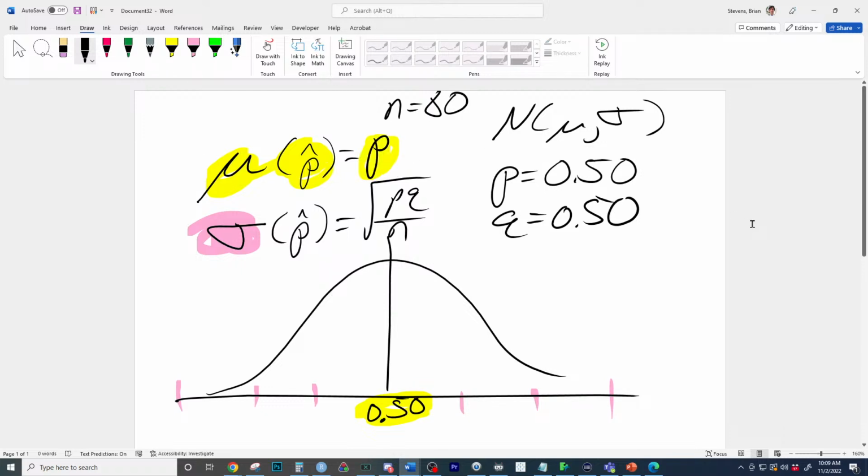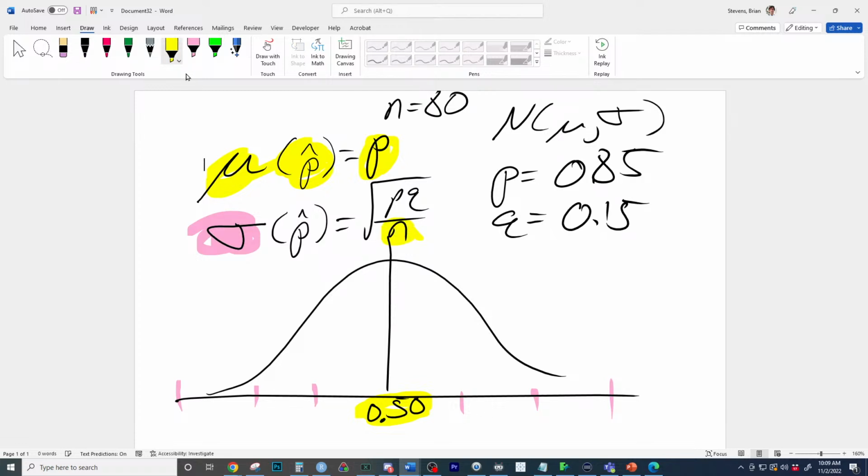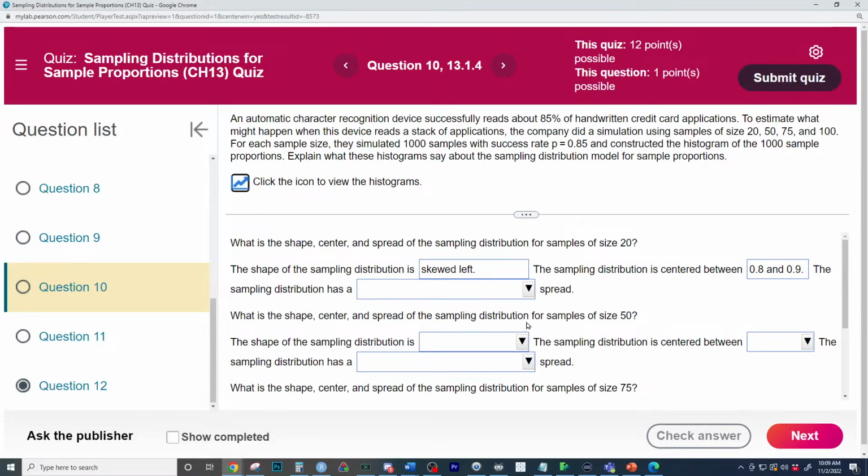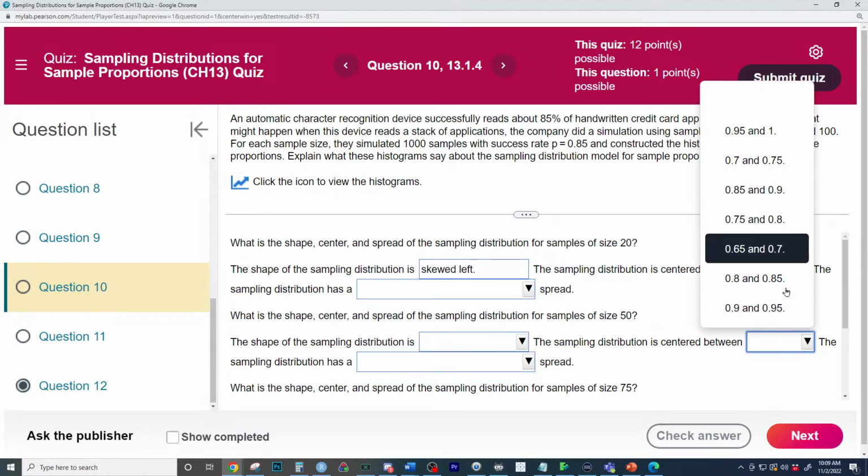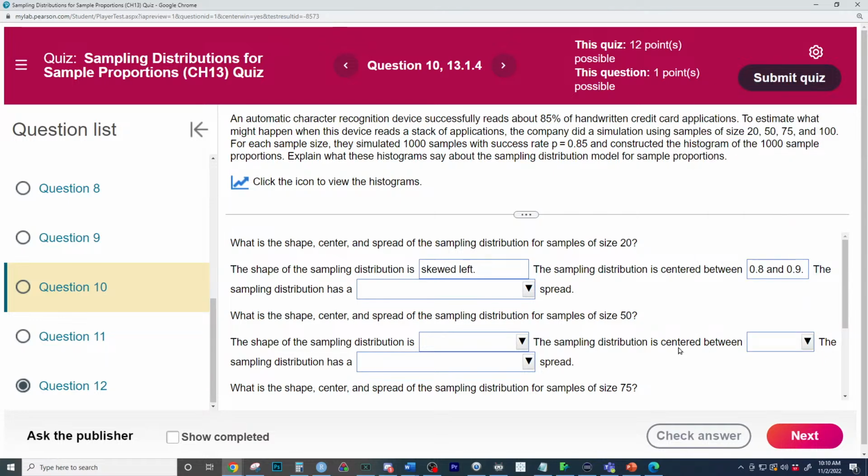It literally tells you 0.85 is the truth, and that's what we expect. Does that make sense, Evan? Sample size only comes into play when we're talking about the standard deviation. So the center for all of these is the same.